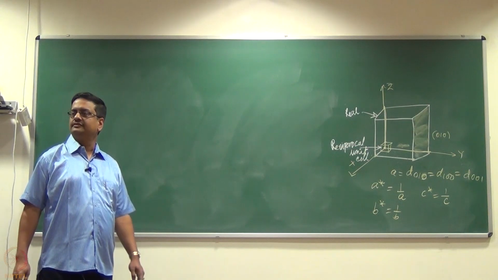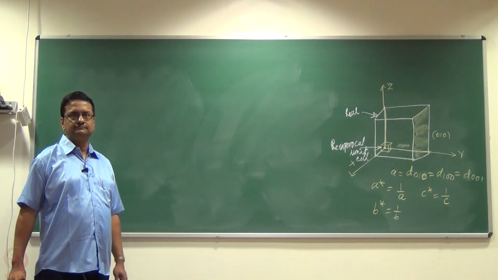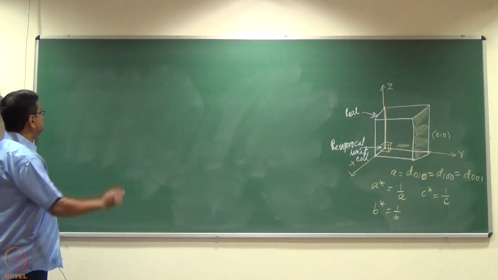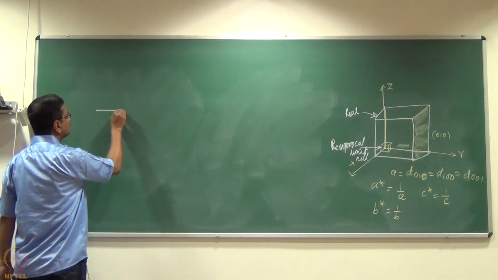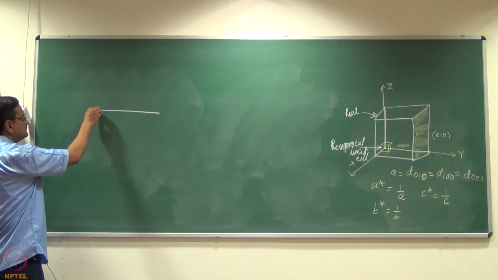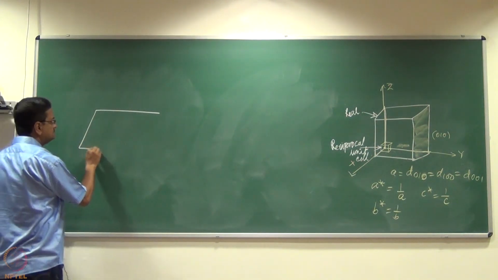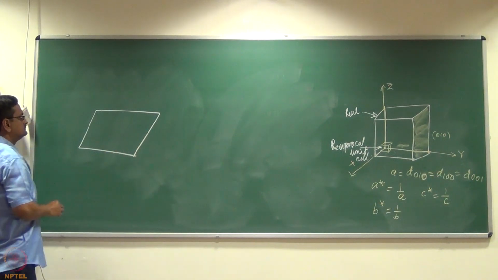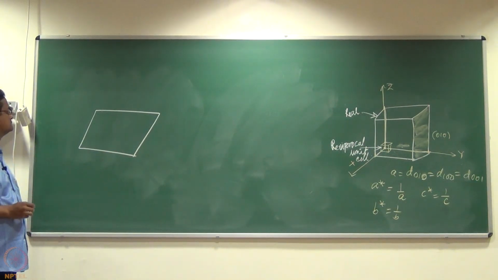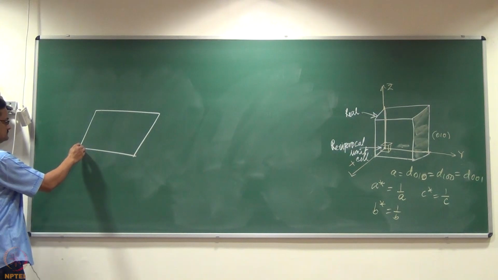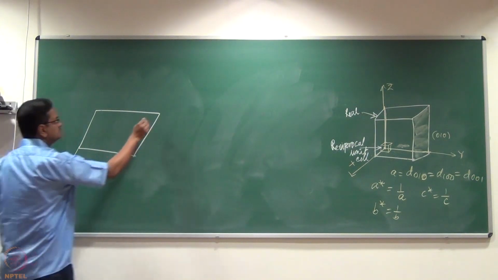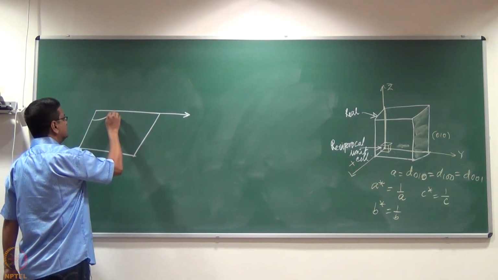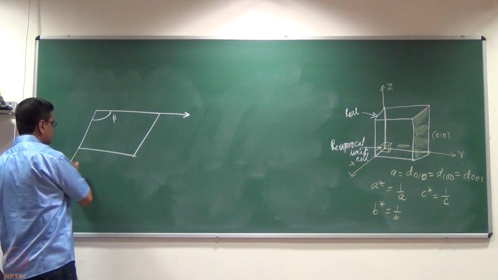What happens in the case of monoclinic? If this angle is beta, what are these two sides?